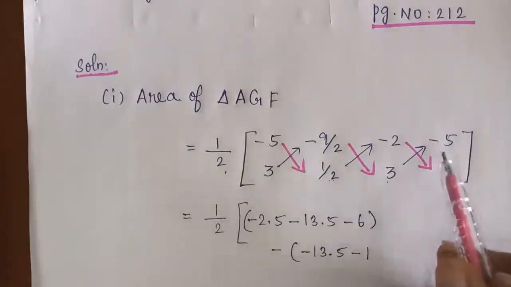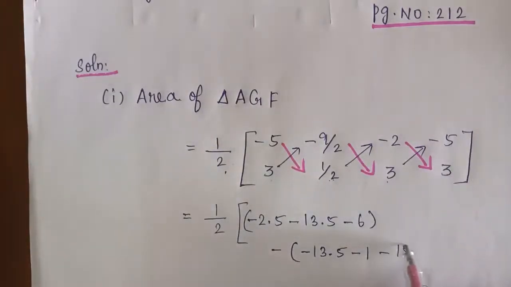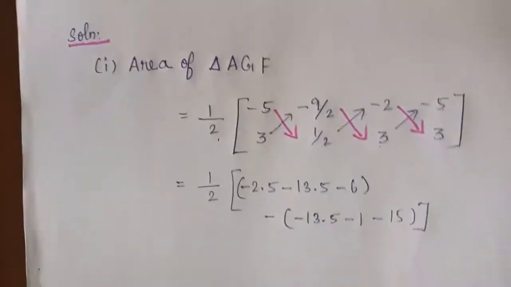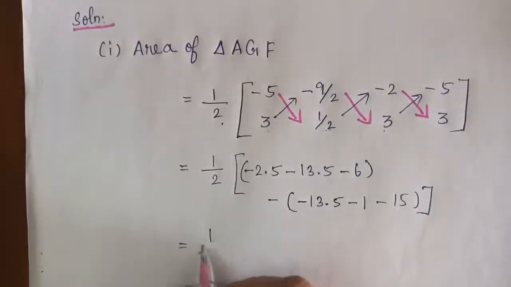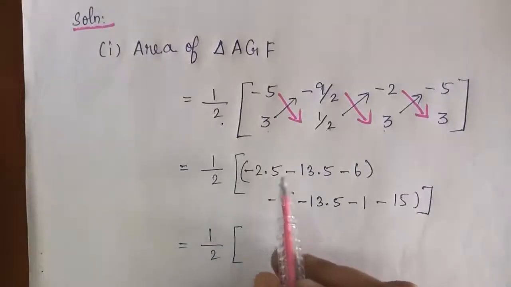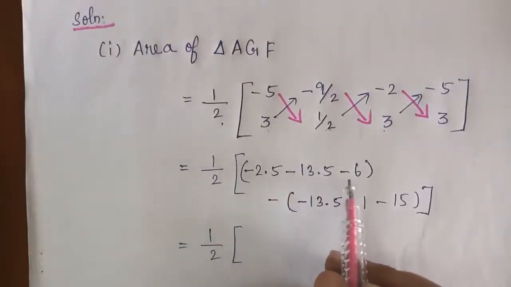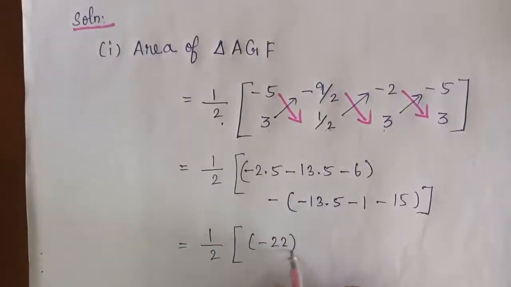3 into minus 5 is minus 15, which is equal to 1 by 2 into minus 2.5 minus 13.5 minus 6 is minus 22.